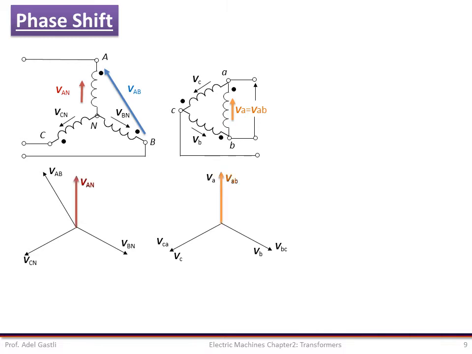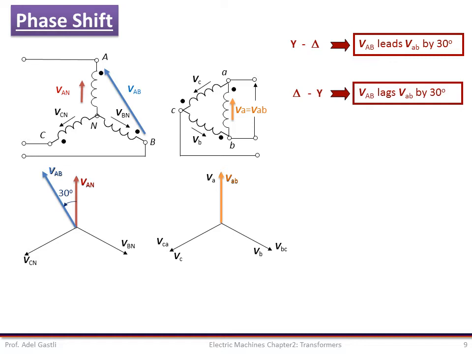Notice here that the phasors VAN and Va are aligned, but the line voltage VAB of the primary leads the line voltage Vab of the secondary by 30 degrees. So we can conclude that the Y-delta connection provides a 30 degrees phase shift between line-to-line voltages in the primary and secondary.